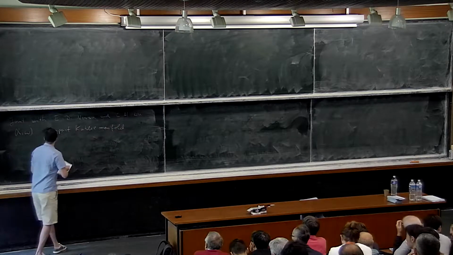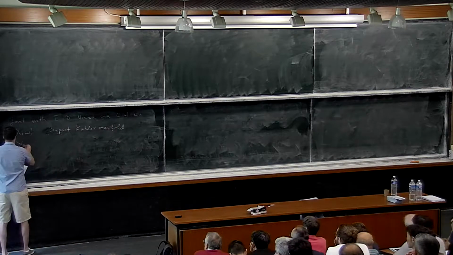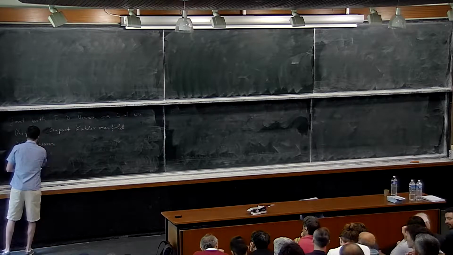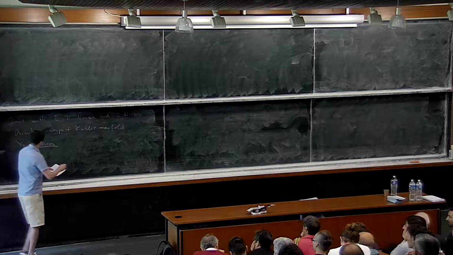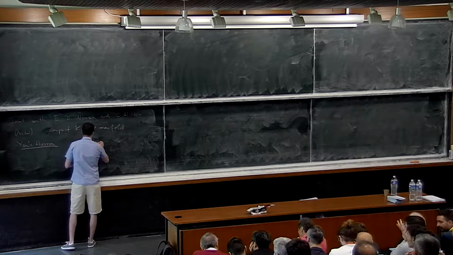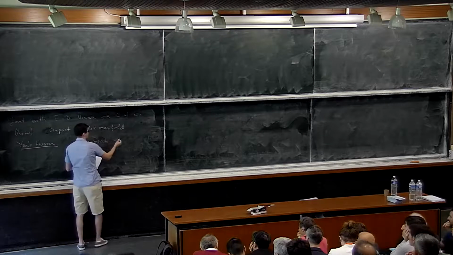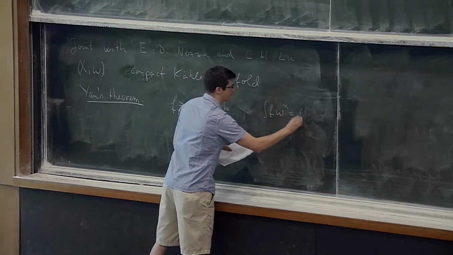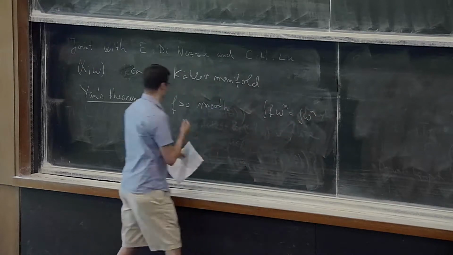Let's start with something really classical at this point, which is Yau's Theorem. You're given a smooth function that satisfies a normalizing condition, and it's also positive.